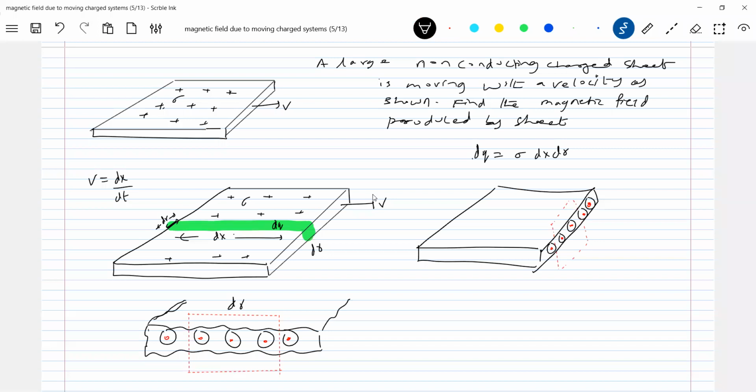How the B bar, this particular charge flowing is as good as a current di flowing in this region. So di is what you can write, dq by dt. So how much current here is di.